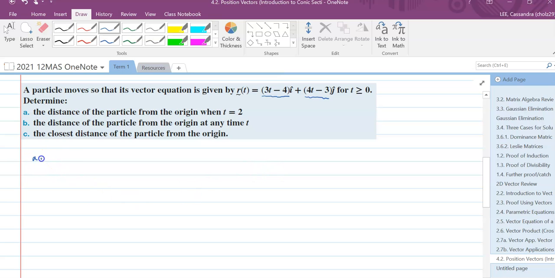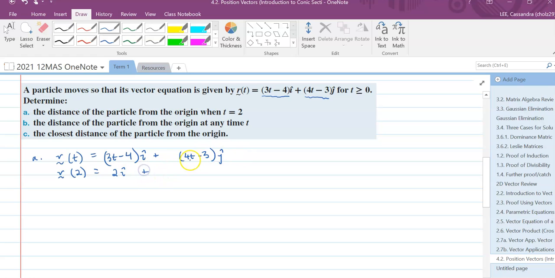To do this, we're going to write our formula, which is (3t - 4)i + (4t - 3)j, and we're going to substitute in our value for t. 3 times 2 makes 6, 6 minus 4 is going to give me 2i.